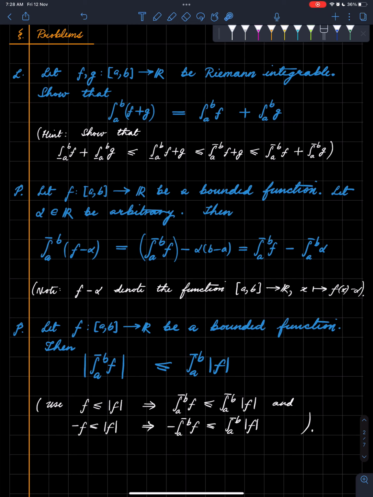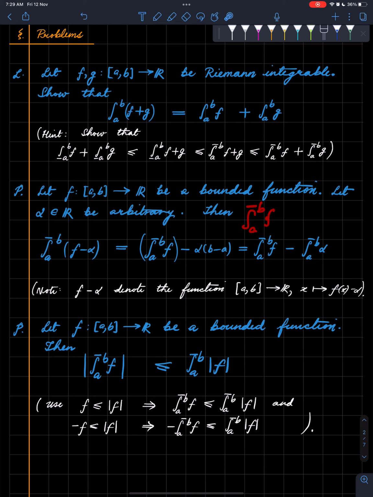So what this problem asks to prove is that this upper integral is not the sum, but the difference of the upper integral of f and this quantity, which is nothing but the upper integral of alpha, being the constant function alpha.